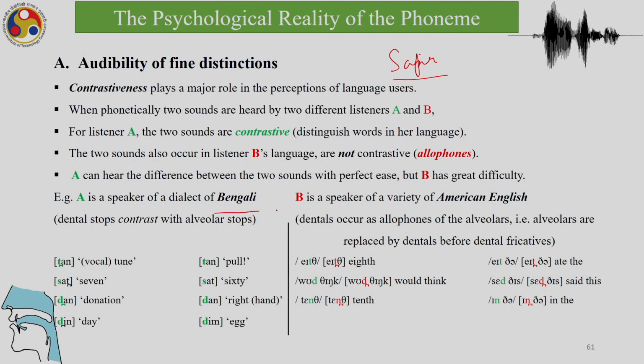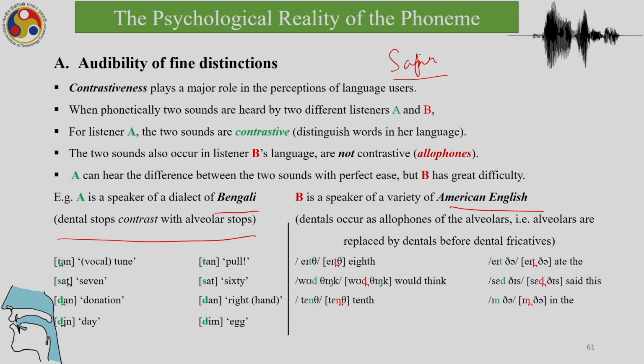Now we have an example from Bengali and American English, as given in Hayes 2009, Introductory Phonology. This shows that in this dialect of Bengali, dental stops contrast with alveolar stops; some are dental and some are alveolar. As a result, they are contrastive.